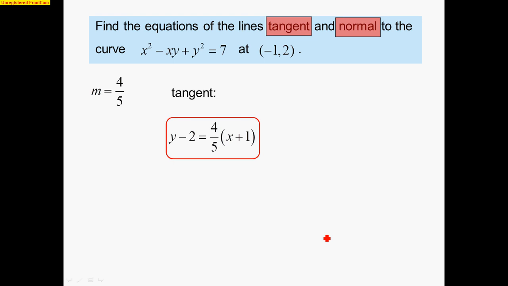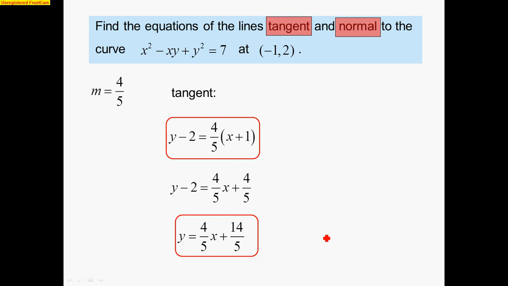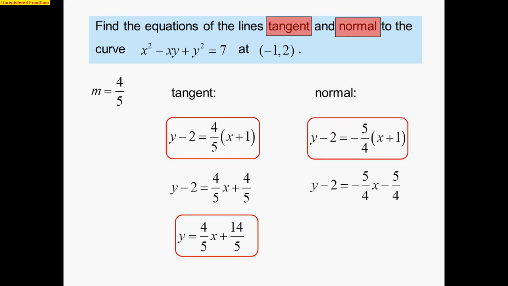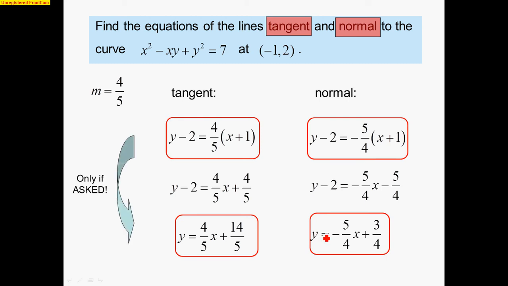So there is the equation of the tangent line. And if somebody makes you clean it up into mx plus b, but not necessary, the equation of the normal line, clean it up into mx plus b only if asked, or you're matching multiple choice.